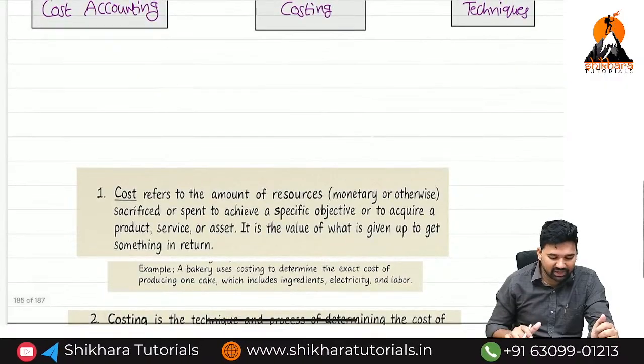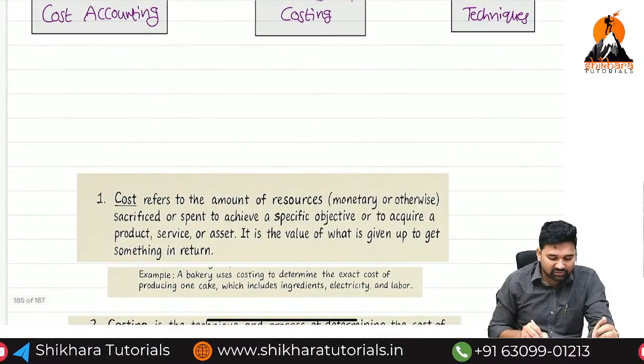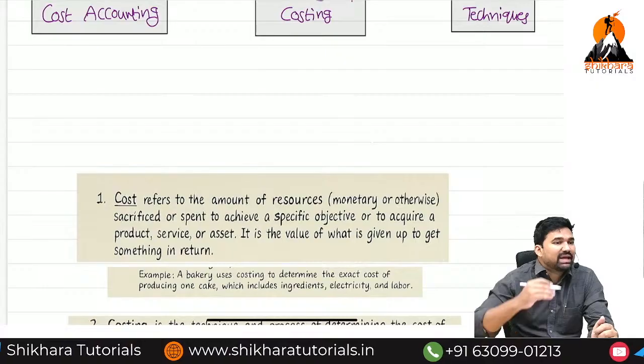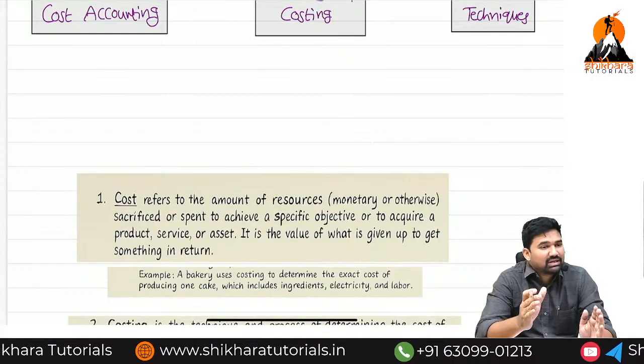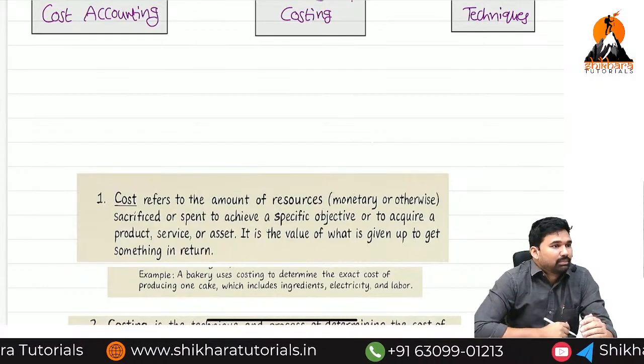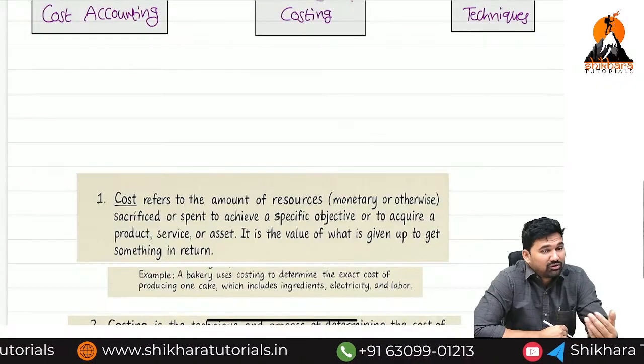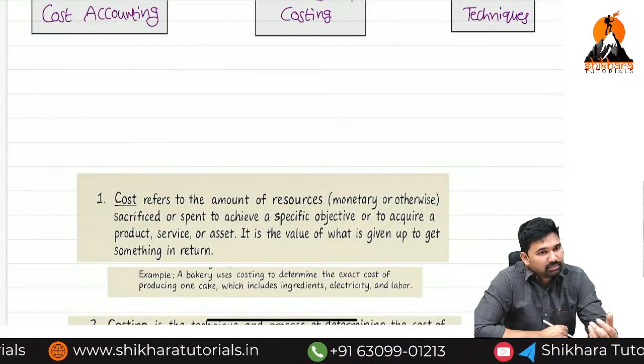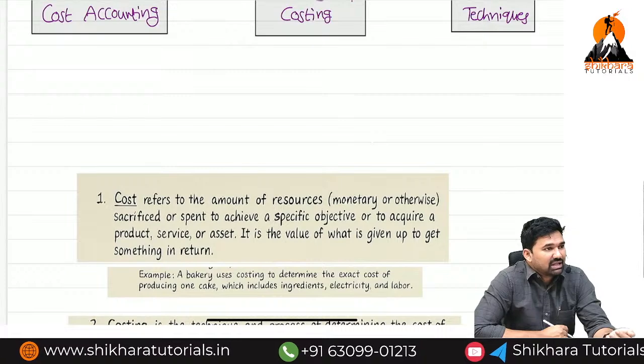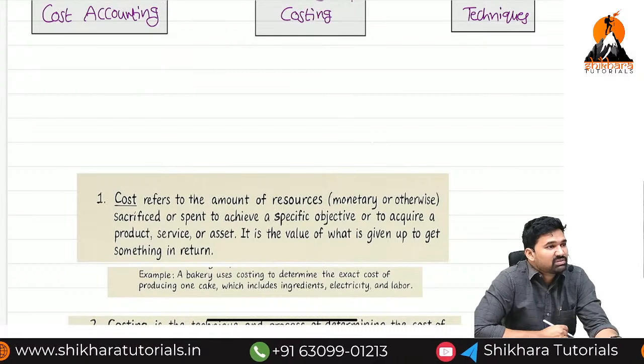In simple terms, we can conclude that cost refers to the amount of expenses spent to obtain the product or to manufacture the product. In other words, the amount of resources we spent.